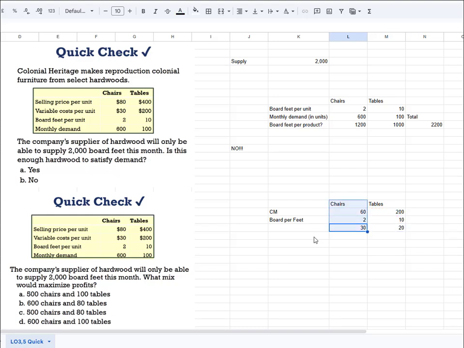So we're going to rank this one as number 1, because we're making the most contribution margin per constrained resource. So CM per constraint, which is our feet of wood. And yeah, so we're going to prioritize our boards here.